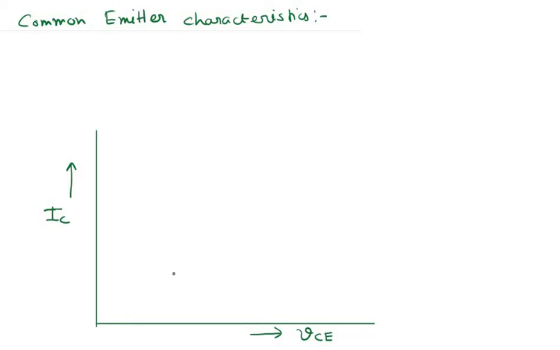So we plot this here. When VCE is sufficiently high, the collector to base junction is reverse biased, because VBE cannot be much greater than V gamma. VCE is basically equal to VBE plus VCB. If the transistor is operating in the forward active mode, or if the base to emitter junction is in the conducting state, then the approximate value of VBE is V gamma.